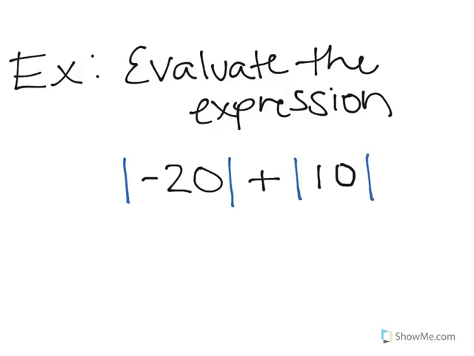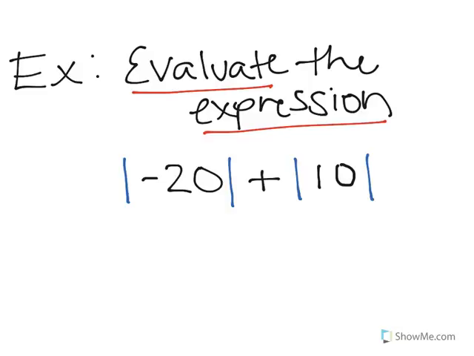So remember that. So when thinking of absolute value, the example says to evaluate the expression. Evaluate is that fancy term for solve. So if we're going to solve that expression, and whenever it's an expression, it means it's a number sentence without an equal sign. So that's why we call it an expression.